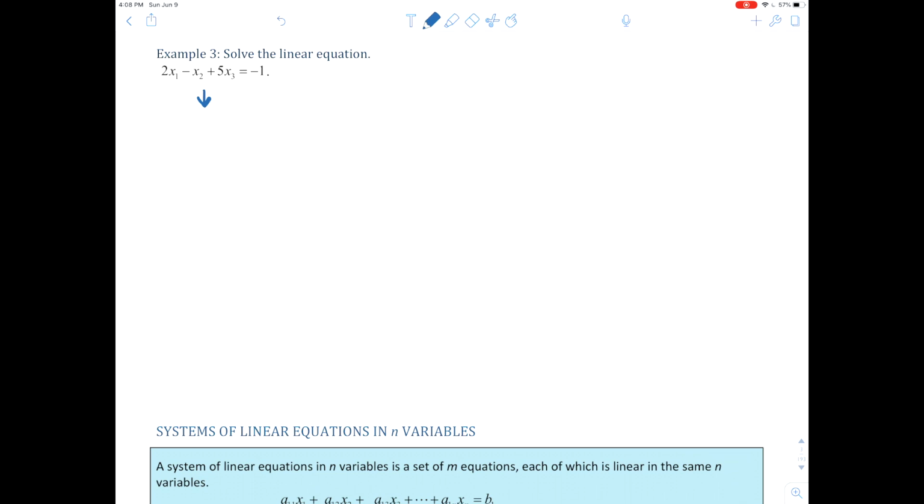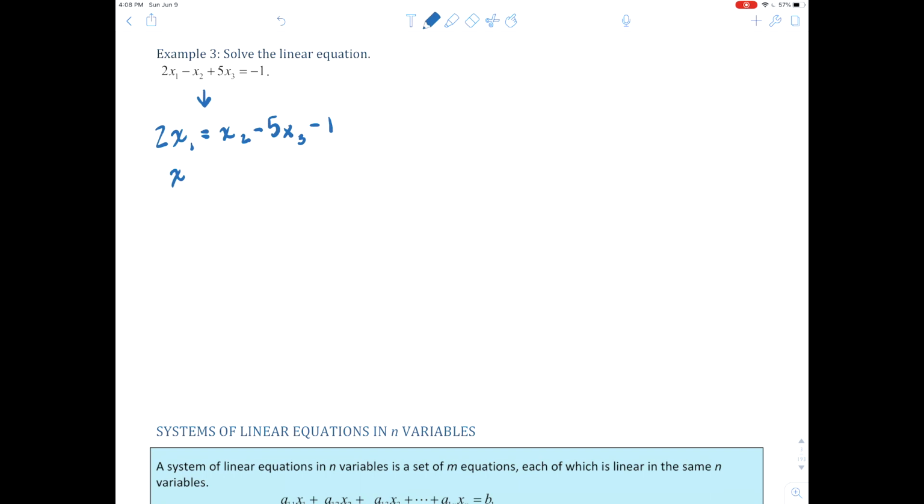So, 2x1 is equal to positive x2, right? And then minus 5x3, and then we still have that minus 1 hanging out. Good so far?